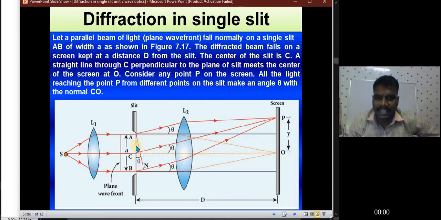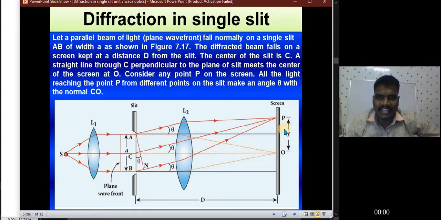The diffracted beam falls on the screen kept at a distance capital D from the slit. The center of the slit is C. A straight line through C, perpendicular to the plane of the slit, meets the center of the screen at O. Consider any point P on the screen.